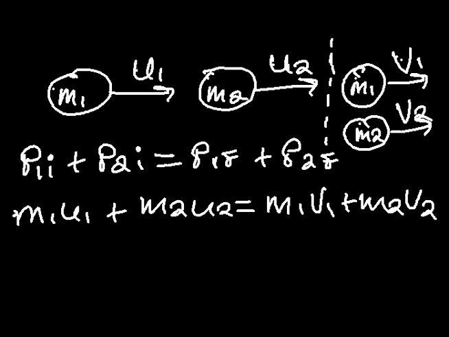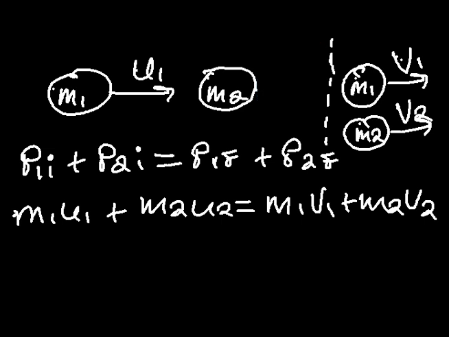Otherwise, if one object is at rest, say object 2, then it has no initial velocity. It could be zero initial velocity.